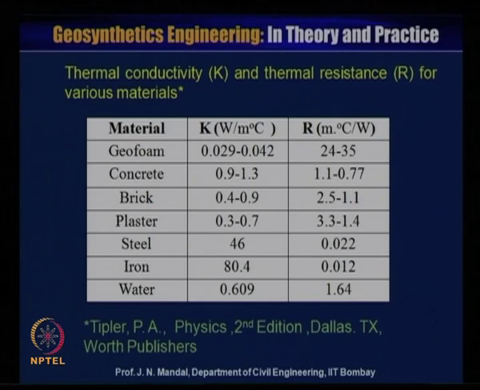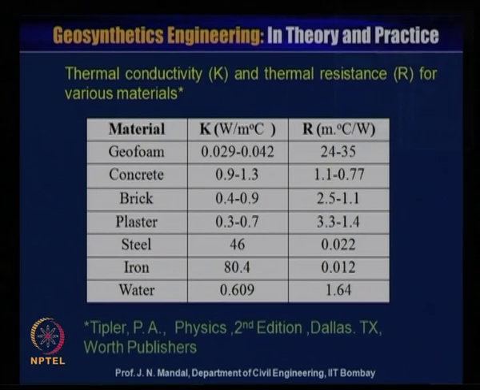If it is concrete, then thermal conductivity K lies between 0.9 to 1.3 watt per meter degree centigrade, and thermal resistance R is 1.1 to 0.77 meter degree centigrade per watt.